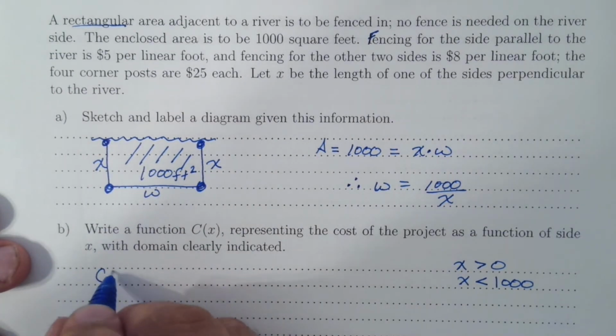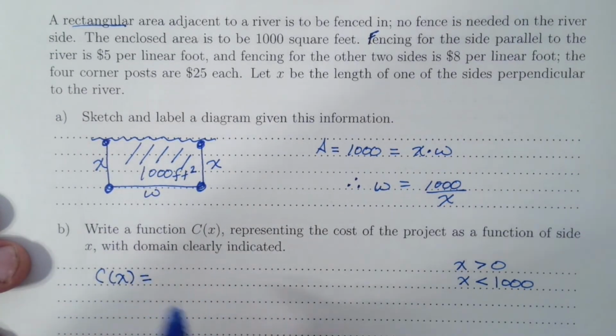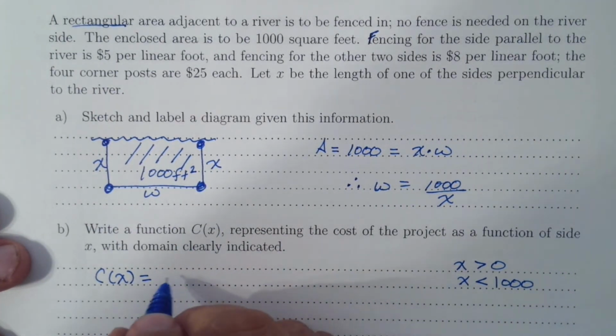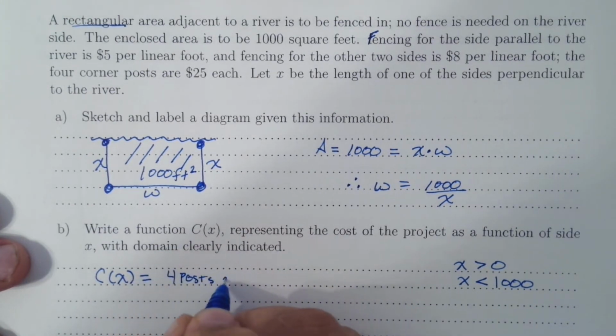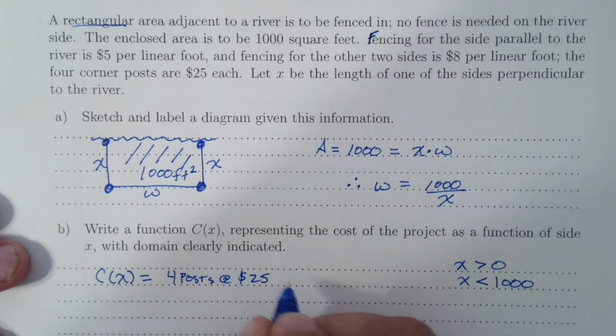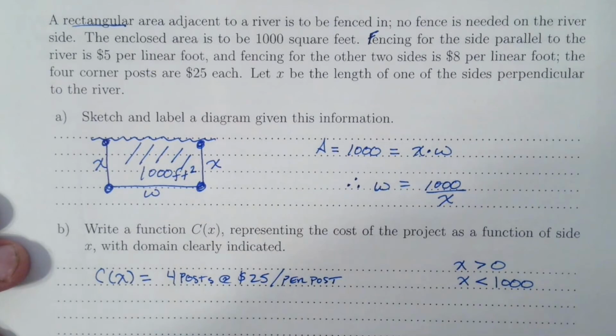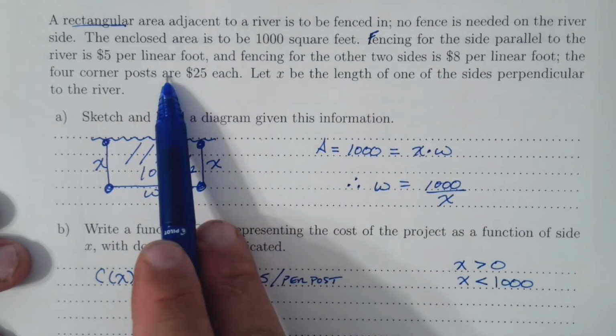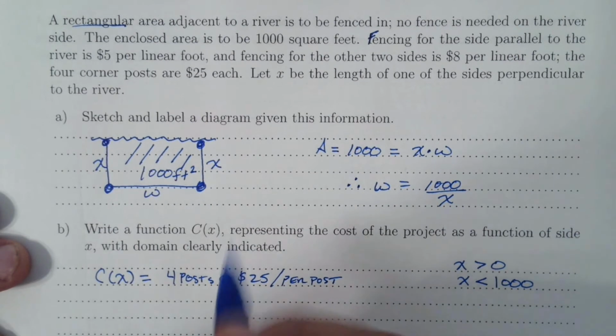And we'll say, so the cost, right, is going to be given by, and let's just go ahead and talk about, right, the cost. The cost, we know we're going to have four posts at $25 per post, right? And we also know that we're going to have the fencing parallel to the river is $5 per linear foot, right?